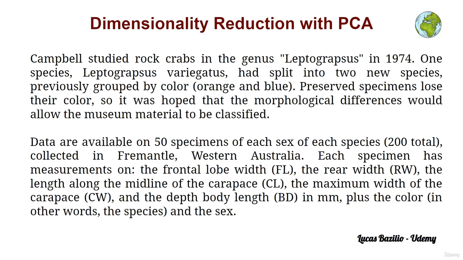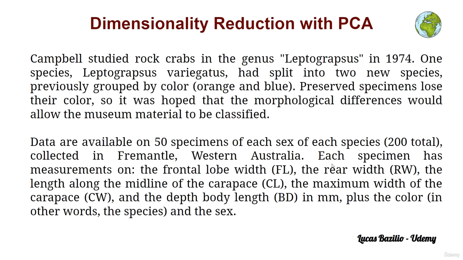The data are available on 50 specimens of each sex of each species, so we will have 200 in total, collected in Fremantle, Western Australia. And now this is very important because this is where we have the features, the attributes of this data set.